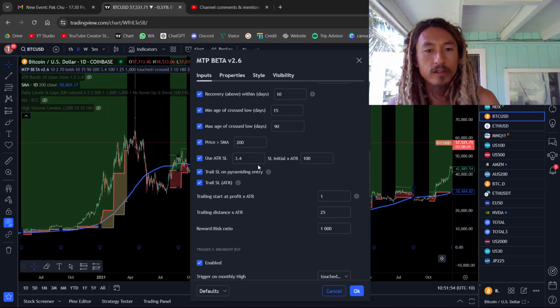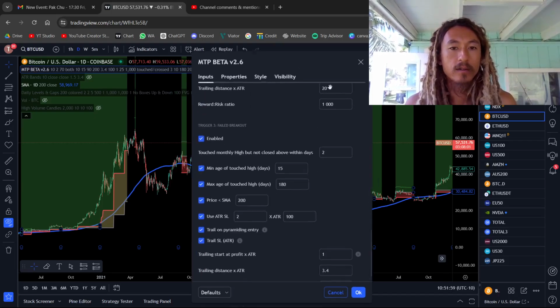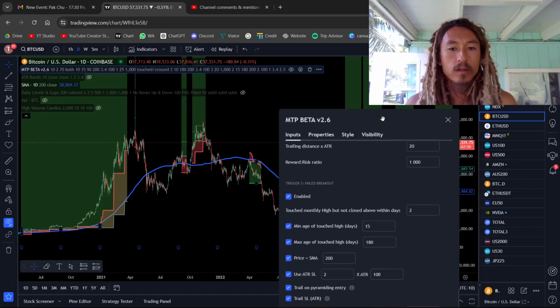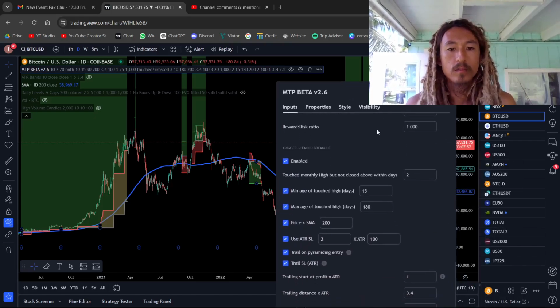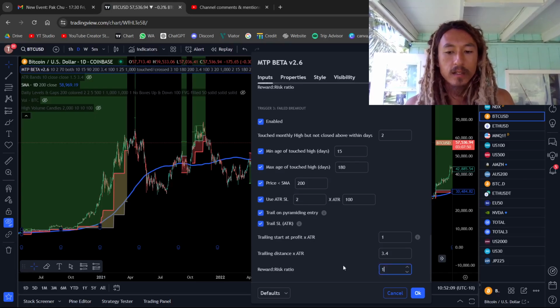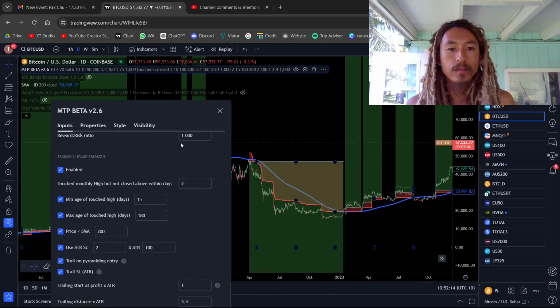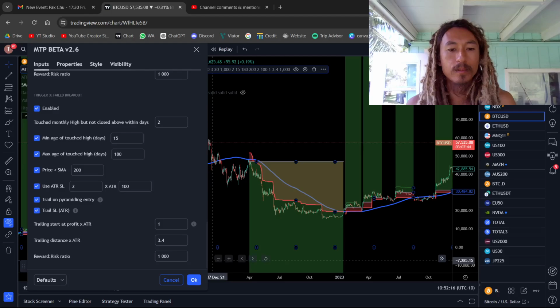Also, we have a short filter. So if we turn on the failed breakout, if I take off the TP for Bitcoin, at least it works better. Just sitting in the short forever would be pretty baller.